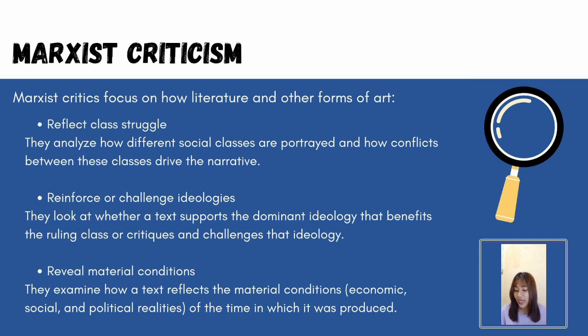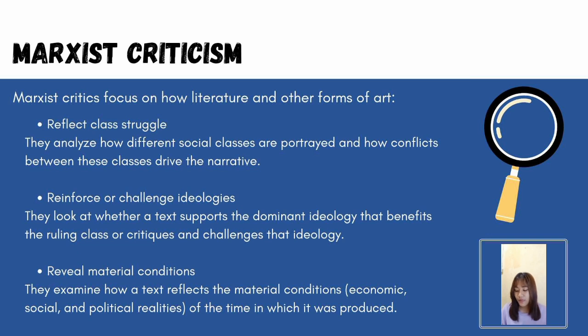So they examine how a text reflects the material conditions, such as economic, social, and political realities of the time in which it was produced. So this means understanding how the historical context and the economic structure of society shape the themes, characters, and conflicts in a text.